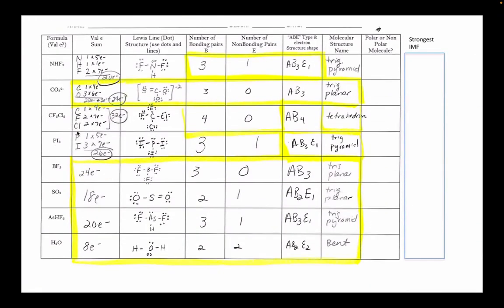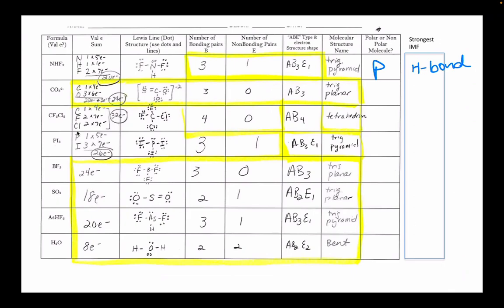So if we look at this worksheet and we add a column, it wasn't here, but let's look at a couple here. So this first one, this molecule is polar. Remember, trig pyramids are always polar. And it does have a hydrogen bonded directly to nitrogen. So this is going to have H bond IMFs.